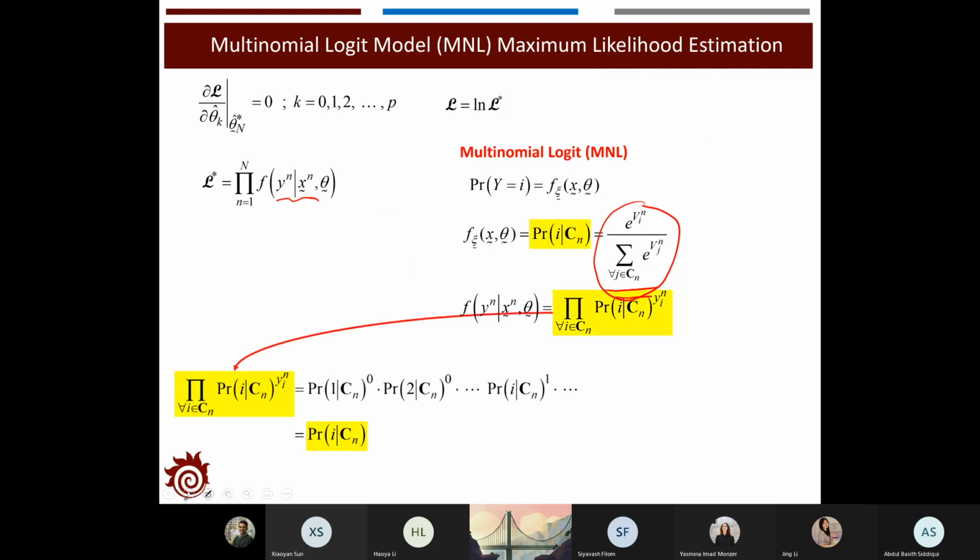Even though it looks very complicated, for each individual only one mode is selected. The other modes that are not chosen have an outcome of 0, so you only keep the chosen one with the value of 1, and the others are simply excluded from the expression.